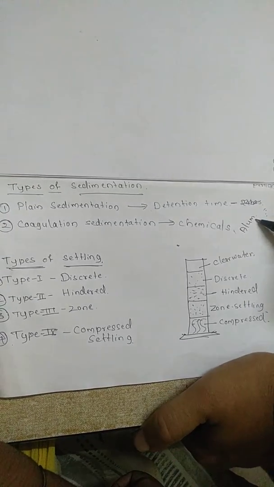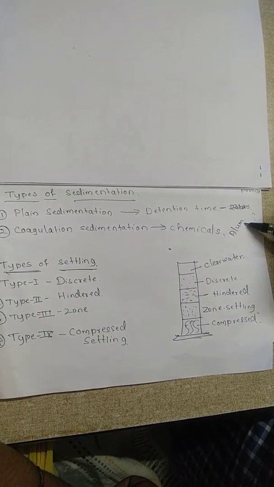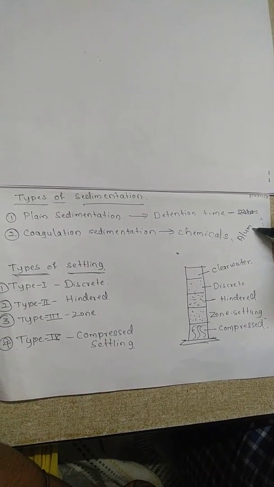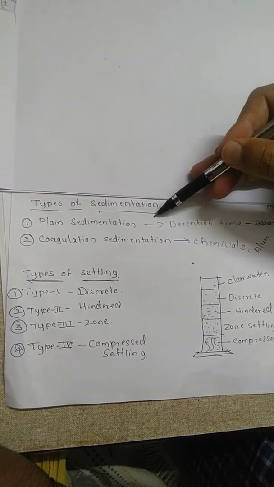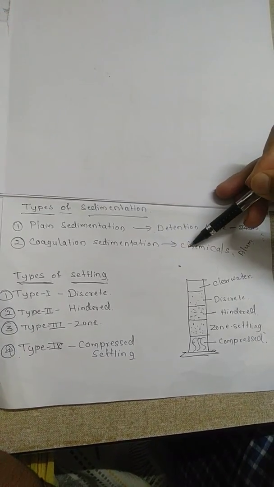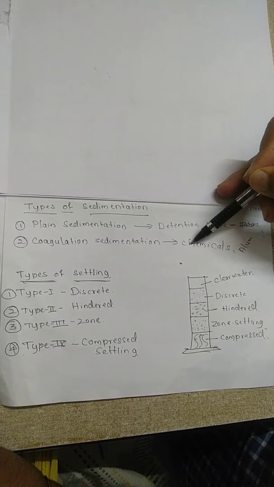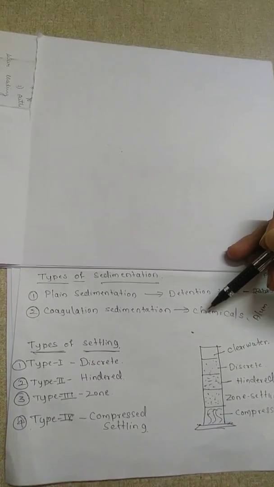So we use it for the particles which are not going to easily get settled down by their own weight. Plain sedimentation is for the particles which can get settled down by their own weight, and coagulation sedimentation is for the particles which are not going to get settled down by their own weight.